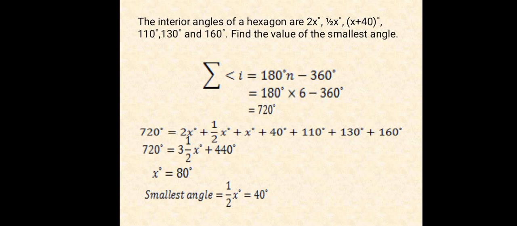So the total of interior angles is 720. So 720 is equivalent to all the angles we have been given: 2x, a half x, x plus 40, 110, 130, and 160. Now having that equation, simplify and solve for x. x is 80. And the smallest angle apparently is half x. So half x is 40 degrees. So the smallest angle for that hexagon is 40 degrees.